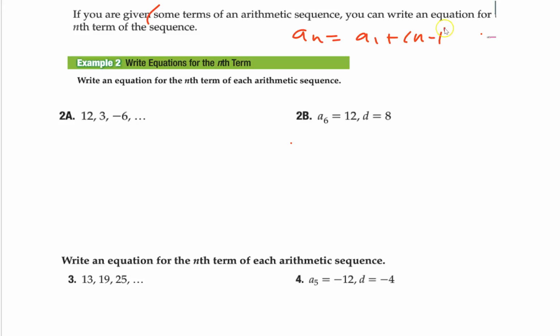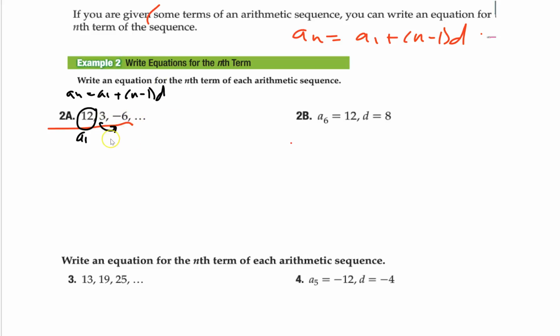Now sometimes it's really easy, like this one, where we're looking for a_n equals a1 plus (n minus 1) times the common difference. a1 is 12. Common difference: 12 to 3, 3 to -6, is -9.